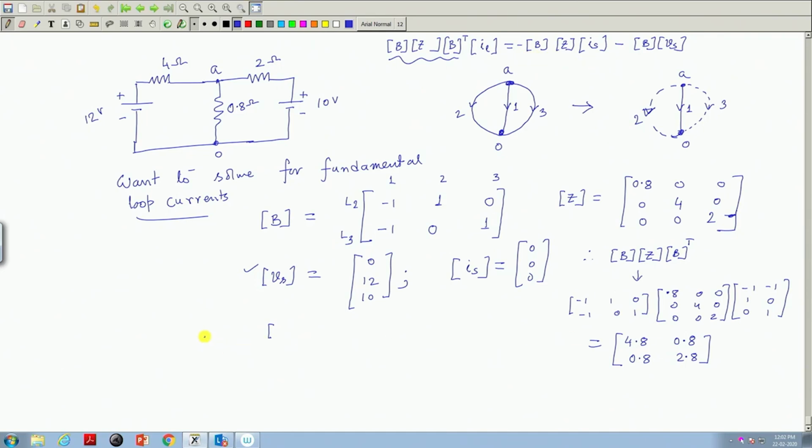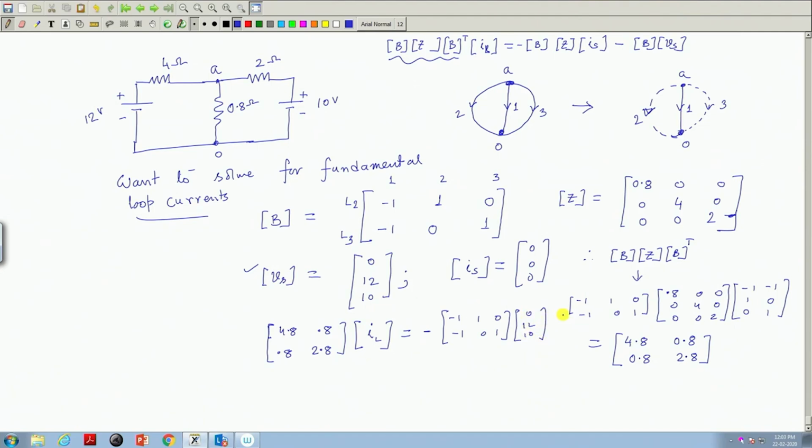So it will be simply this matrix, 4.8, 2.8, 0.8, 0.8, into the loop currents, that will be equal to minus B into Vs. So B was this, so minus of B into Vs will be minus 1 1 0, minus 1 0 1, into that Vs, 0 12 10. This is Vs.